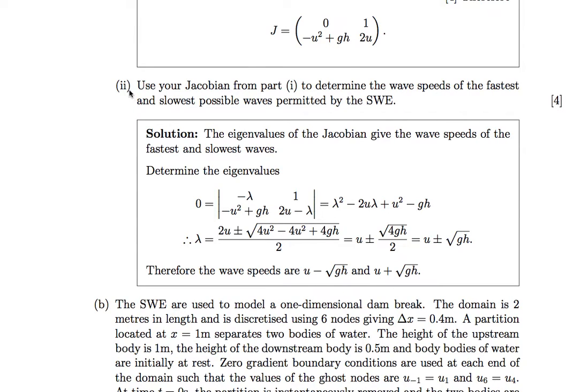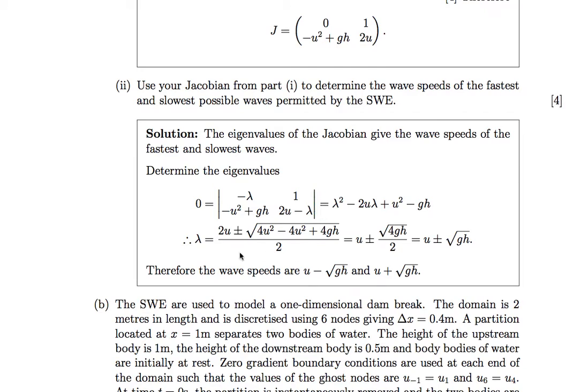So part 2 of question A, use your Jacobian from part 1 to determine the wave speeds of the fastest and slowest possible waves. Well, you need to remember that the eigenvalues of the Jacobian give the wave speeds. Okay, so this Jacobian is 2 by 2, so it's a simple 2 by 2 determinant with minus lambda on the main diagonal elements, and this gives us this quadratic function in terms of lambda.